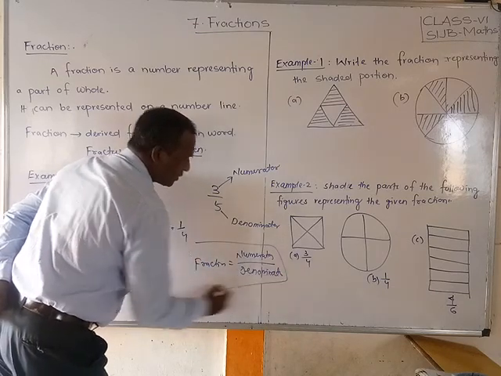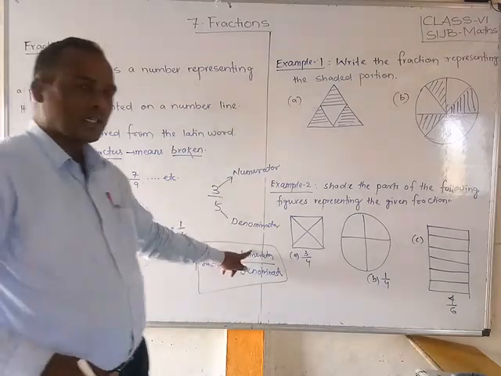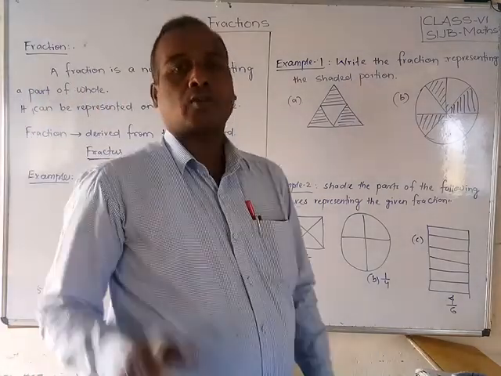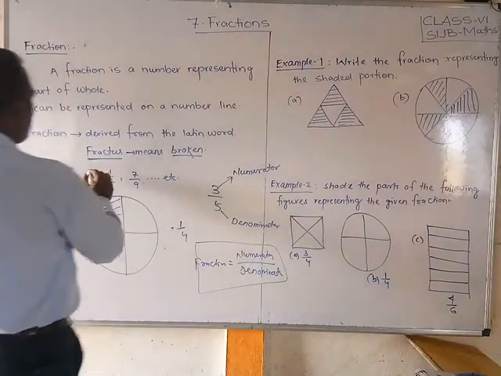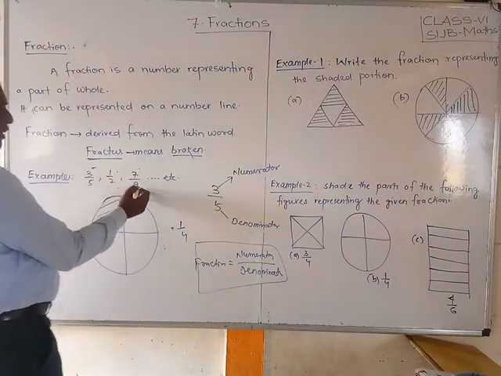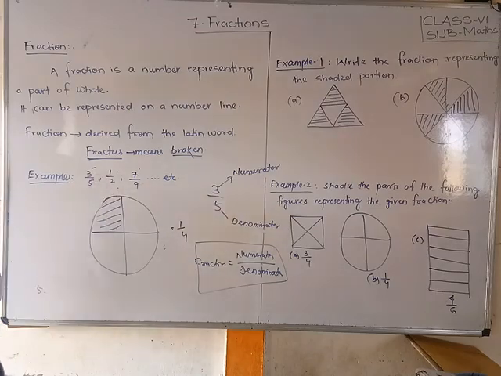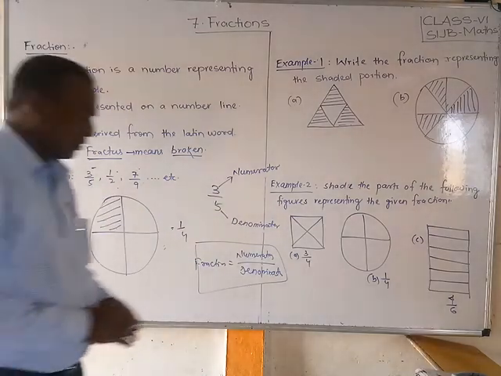These are the examples: 3/5, 1/2, 7/9. This is the way we write fractions, which we also studied in the 5th standard.